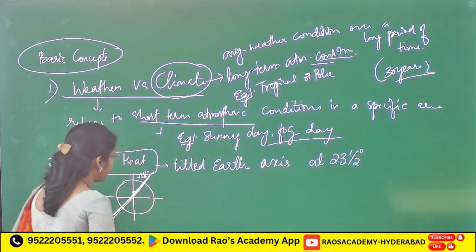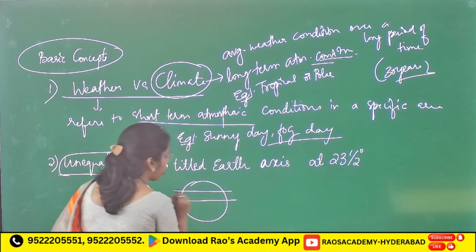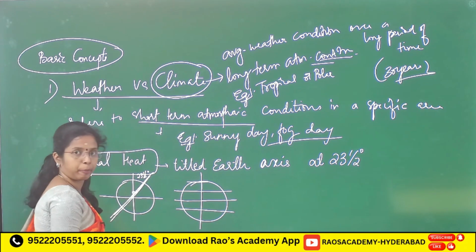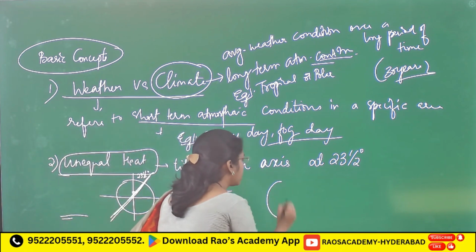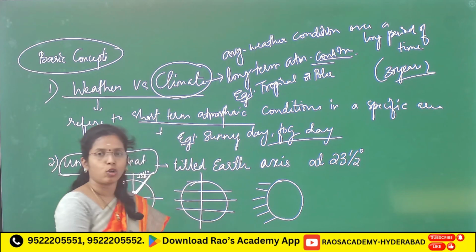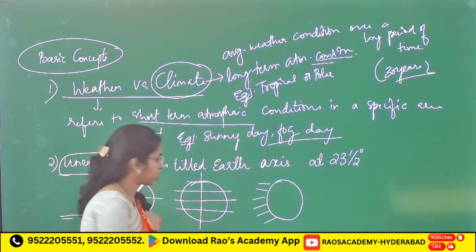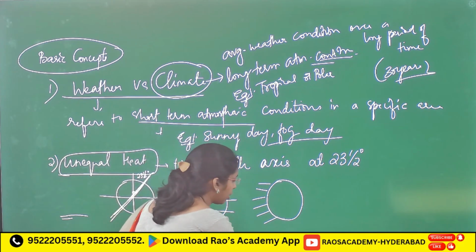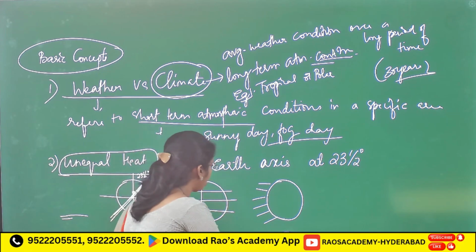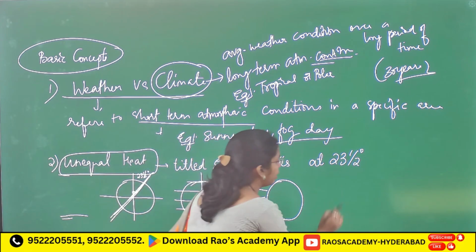Because of this tilted axis, what happens? For example, this is the equator, the Tropic of Cancer, and this is a straight line. If you don't have any tilted axis, sun rays are falling continuously here. Now earth revolution happened. After a few days, earth has reached here and here.